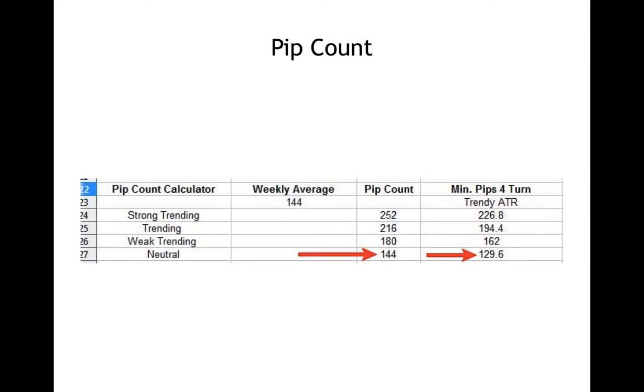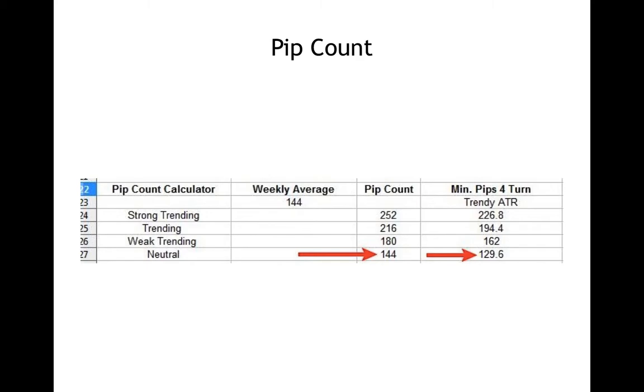If it doesn't get there and it reverses, then I'm not going to get on the trade early. I'm going to wait for my trend indicators to start signaling, my technical analysis indicators. It could go as high as 144. Of course, it could even go beyond that, but we're going to expect a range between 129 and 144.